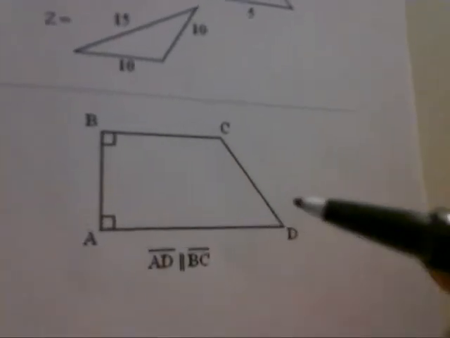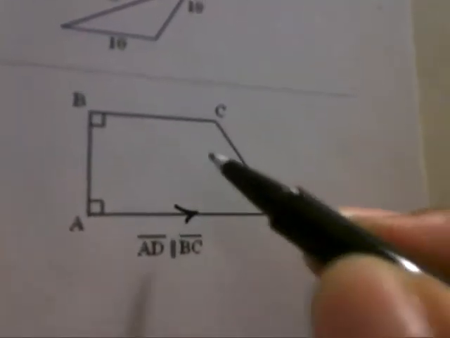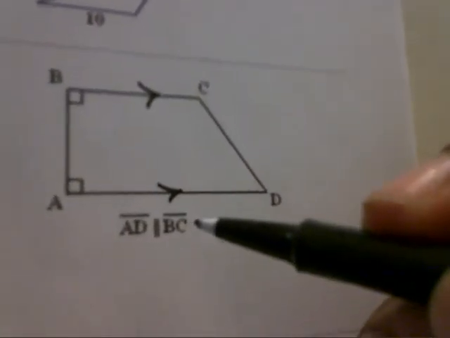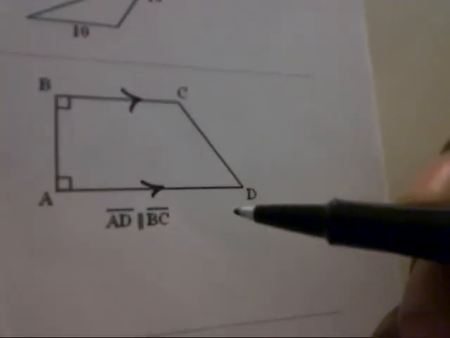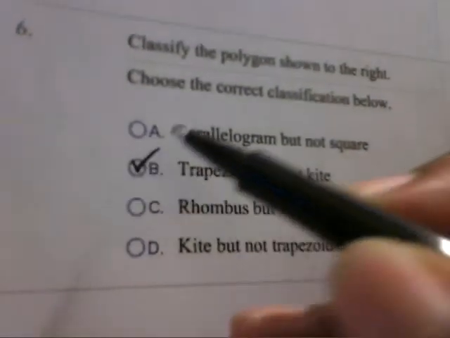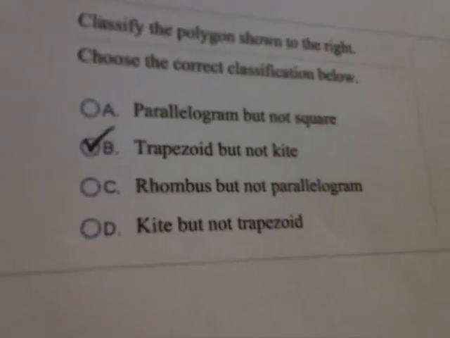We're told that AD is parallel to BC. Now we only got one pair of sides that are parallel to each other. So in this case here, this four-sided figure is a trapezoid. So in this case here, it is a trapezoid but not a kite. So we have to select B.